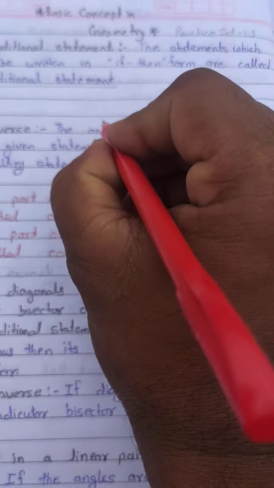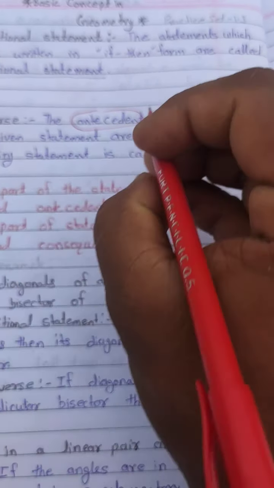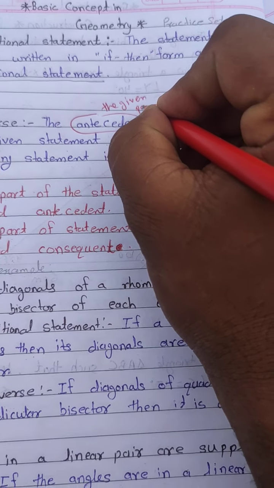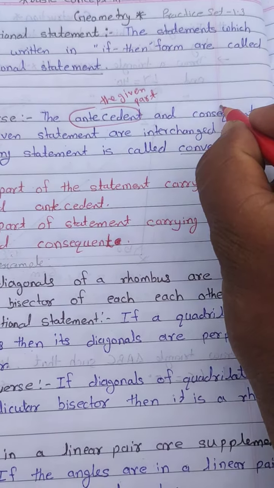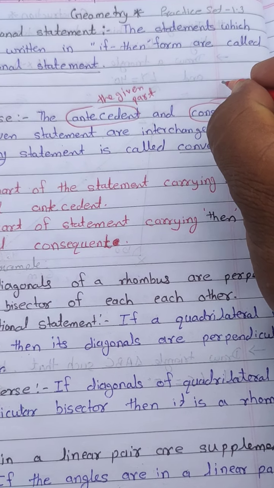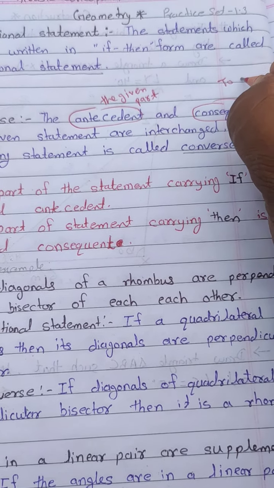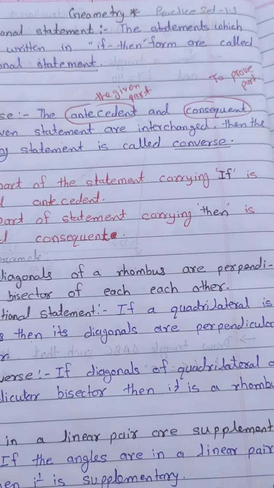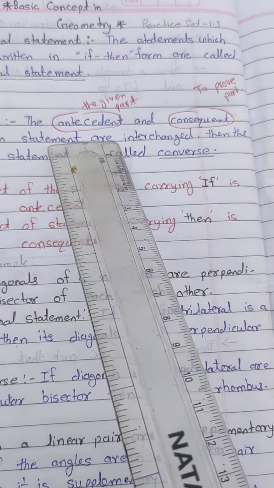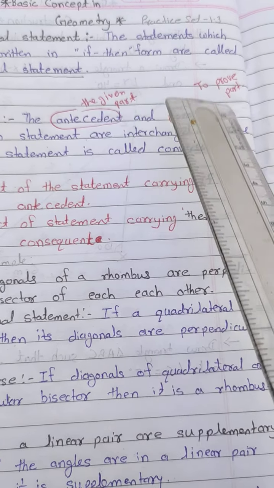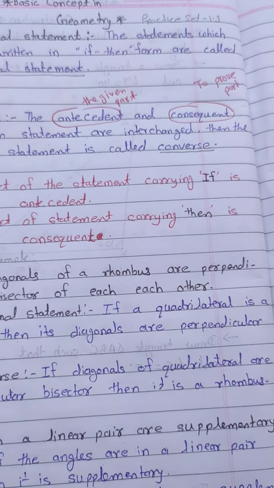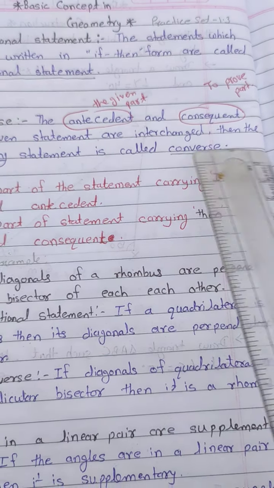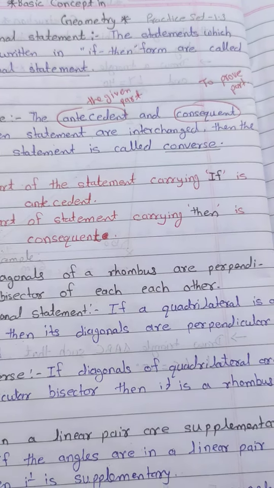Antecedent means the given part of the statement, and consequent means the to-prove part of the statement.